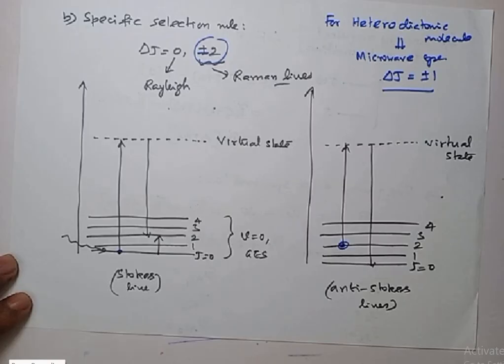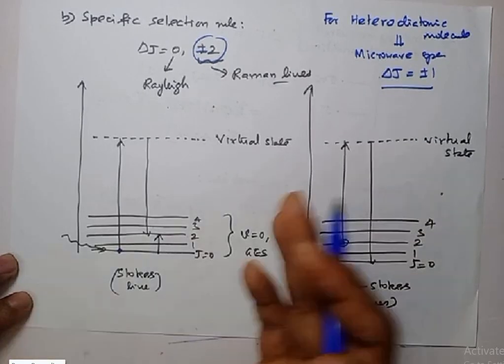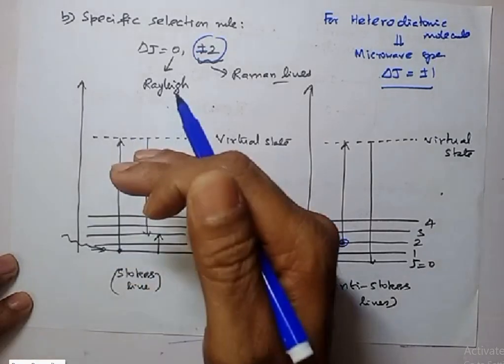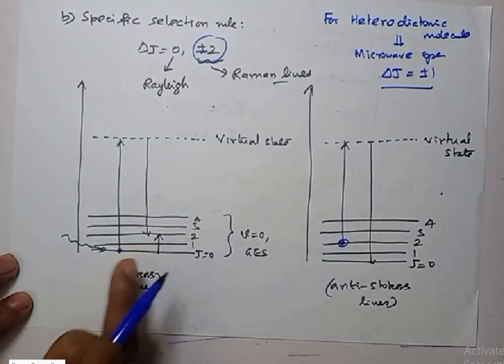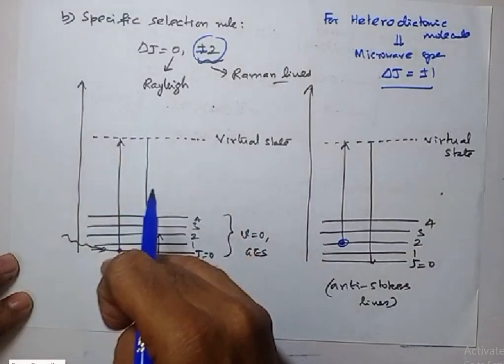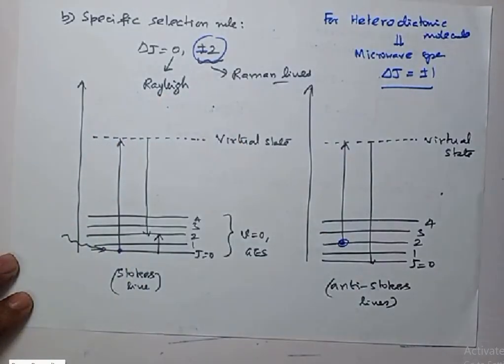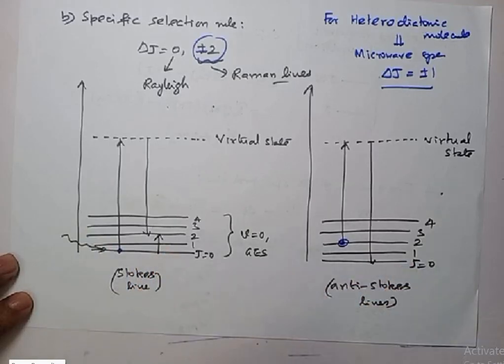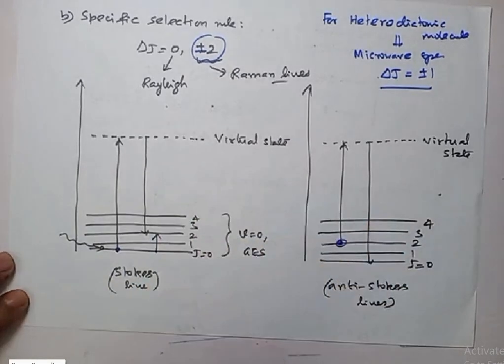It is not like vibration. In the case of vibrational levels, the ground vibrational level has high population and the next level has low population. But in the case of rotation, many rotational states are highly populated. Therefore, the intensity of Stokes lines and anti-Stokes lines are almost equal.